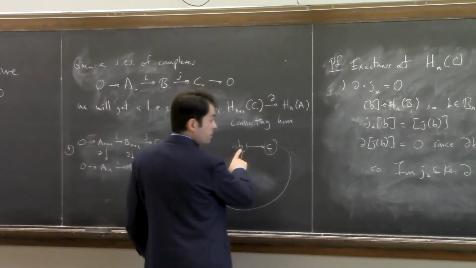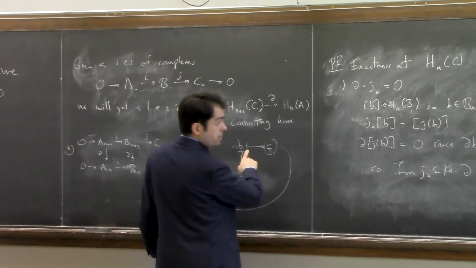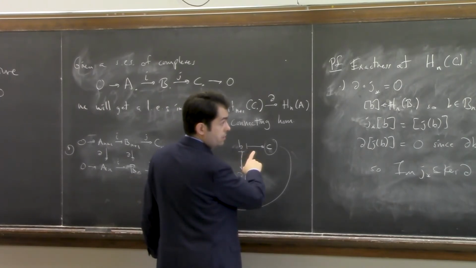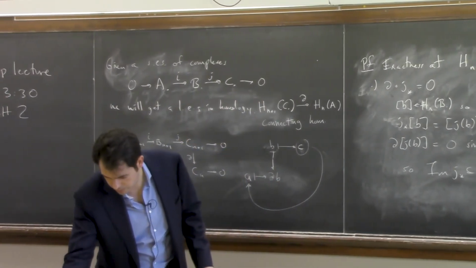And then C is supposed to be J. I'm getting 0 too quickly, Anton.